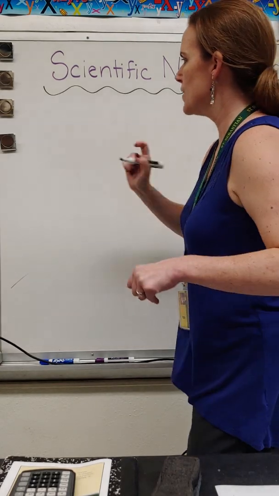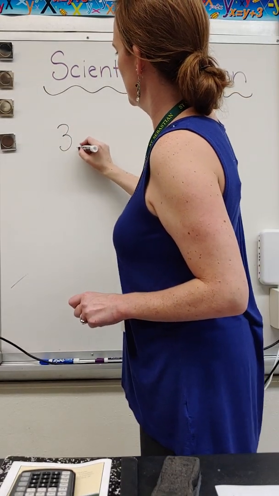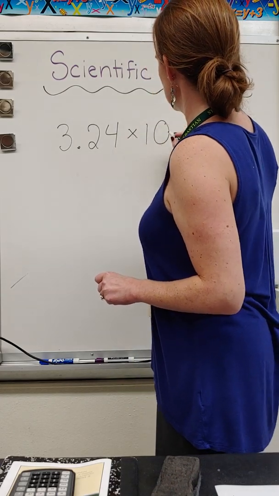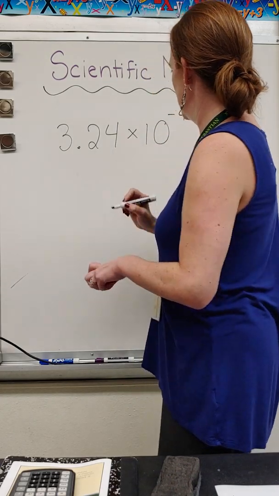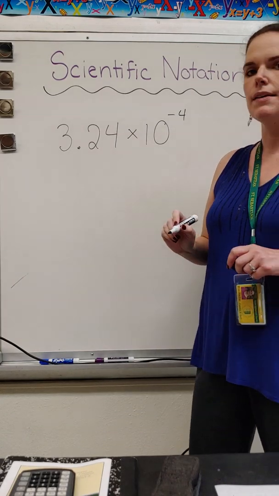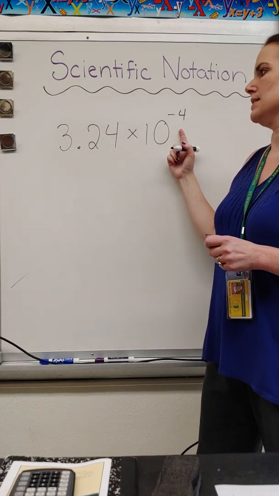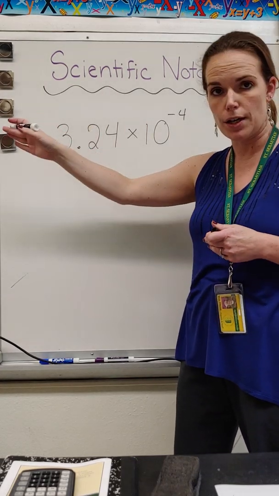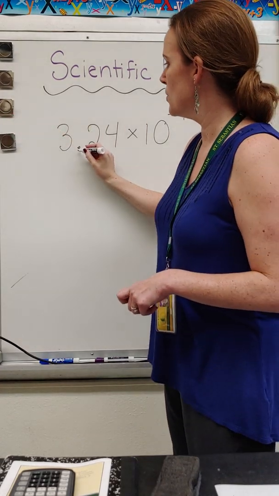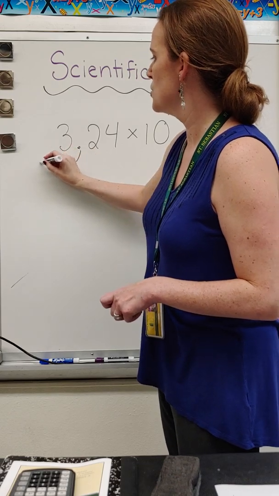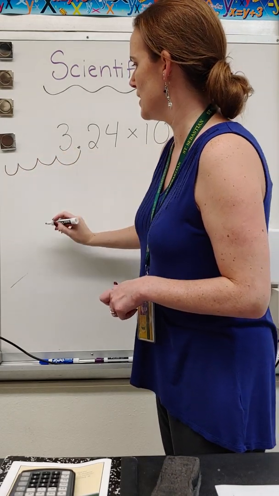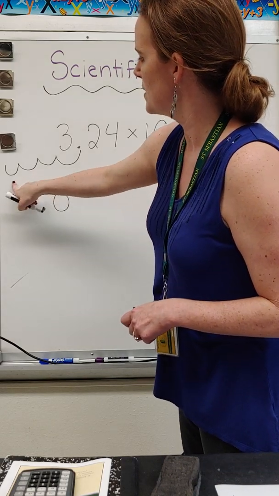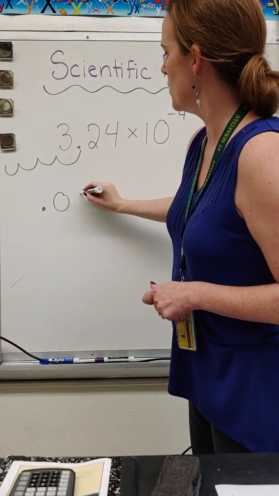When my scientific notation number has a negative exponent, that means that I've got to move the decimal 4 spaces, but I've got to move it 4 spaces to make the number smaller. So this decimal is getting moved 1, 2, 3, 4 places, which means each one of these little bumps I made is going to have to be a 0.